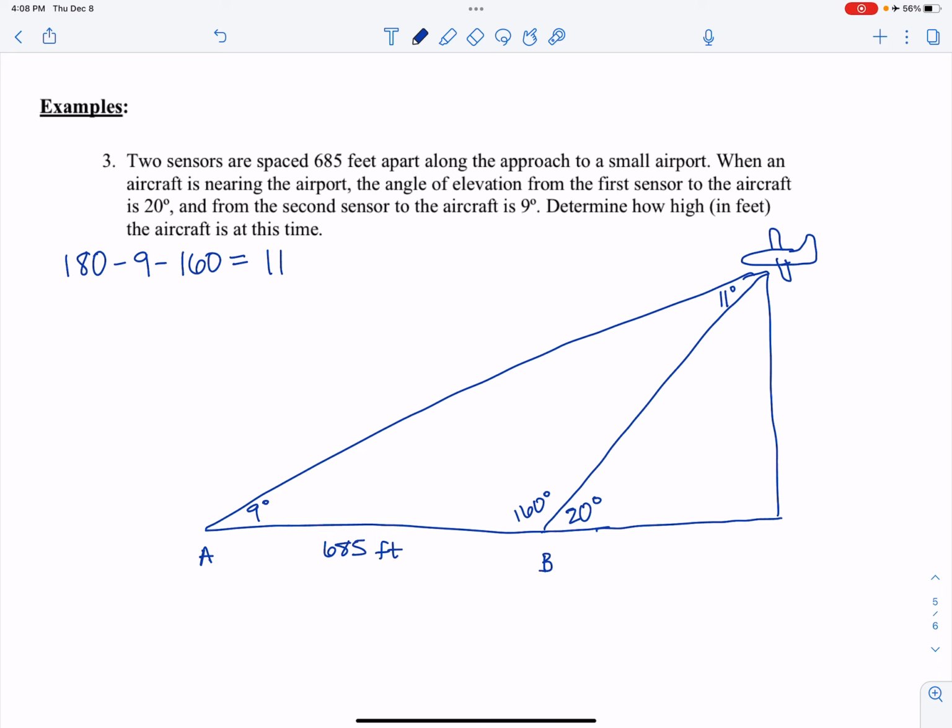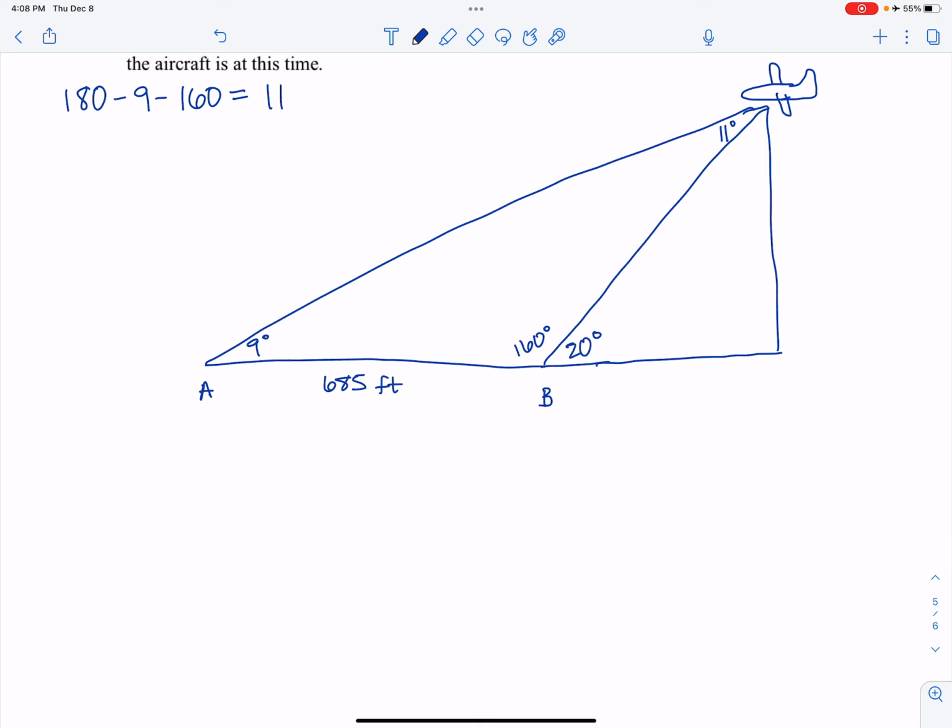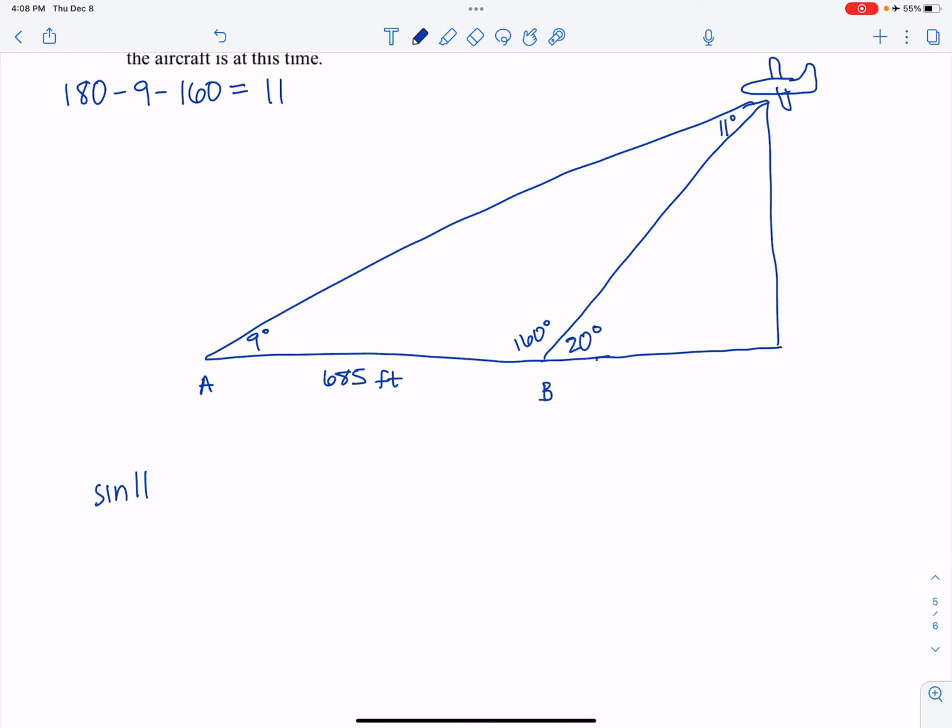So let's use some law of sines. If we take sine 11 over 685 and set that equal to sine 9 over, we don't know, we'll label this A. Then we'll get the distance from the plane to the sensor, but this is a middle step because what we really want is this missing height over here.